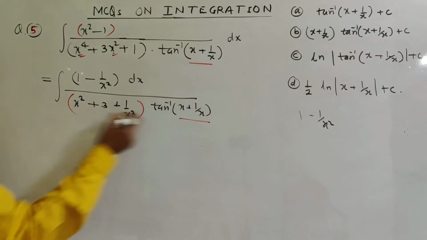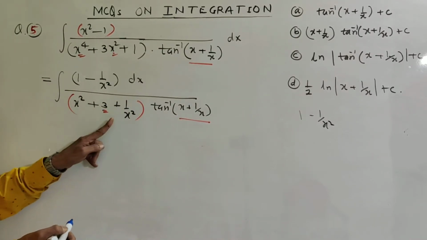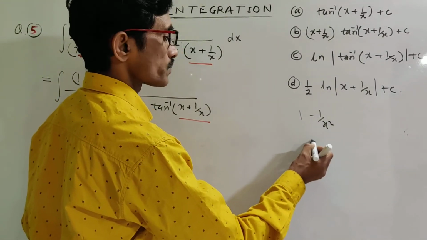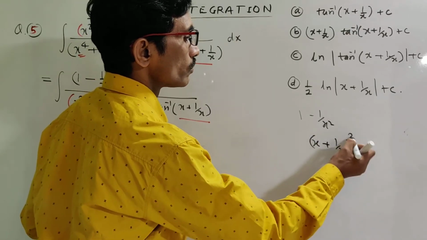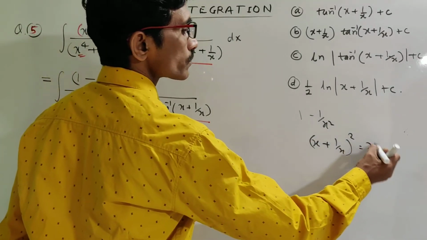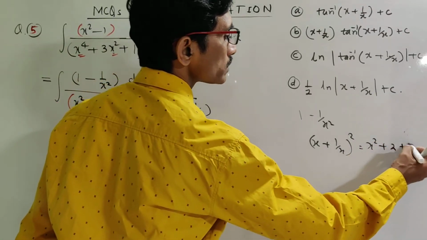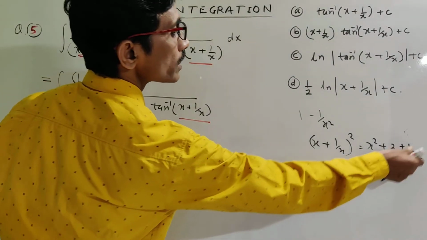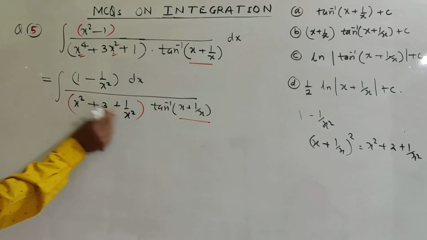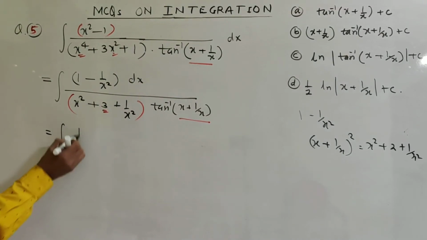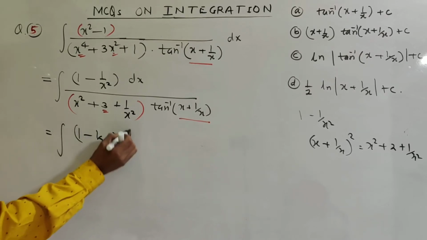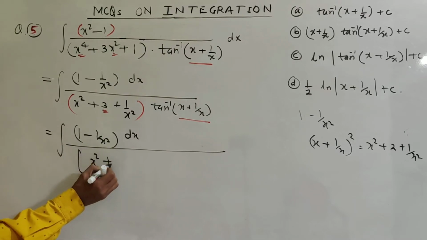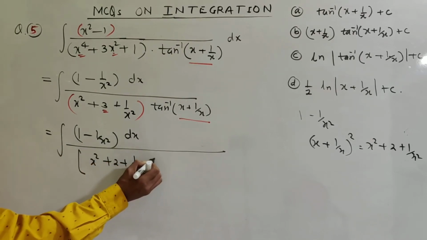But if we write it as 2 plus 1, then we know the expansion of x plus 1 upon x whole square is x square plus 2 plus 1 upon x square, the middle term being 2. That we can get over here: x square plus 2 plus 1 upon x square, that is 2 plus 1, which is 1 minus 1 upon x square into dx upon x square plus 2 plus 1 upon x square, plus 1.